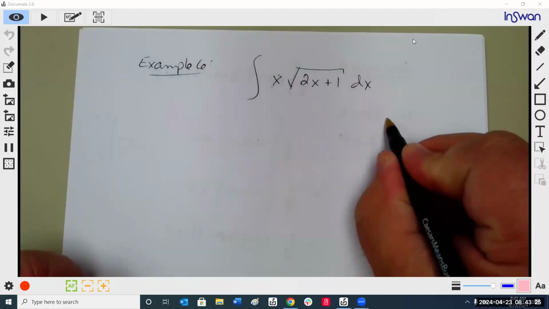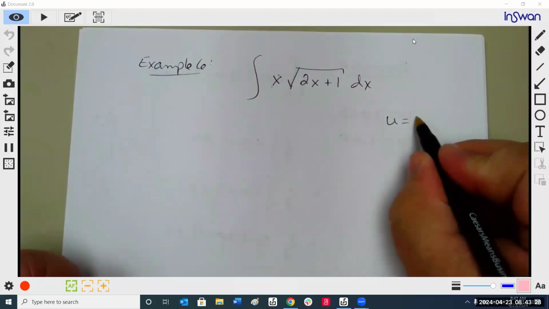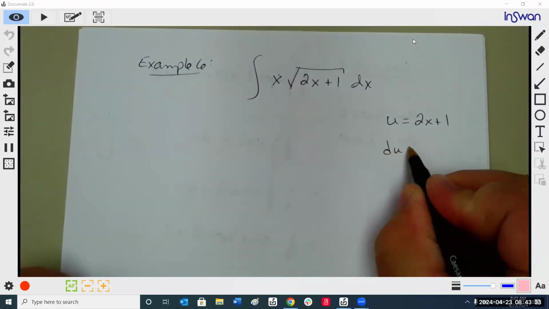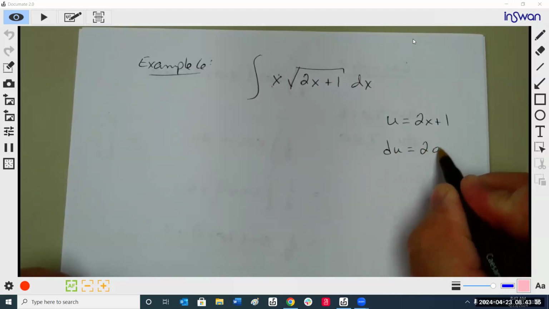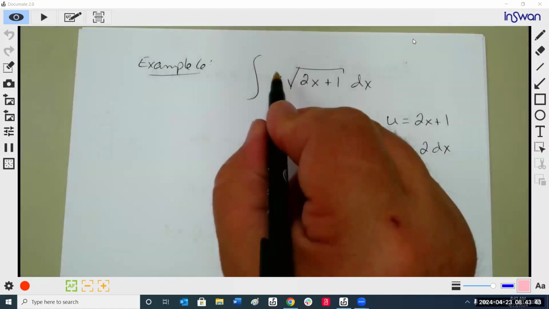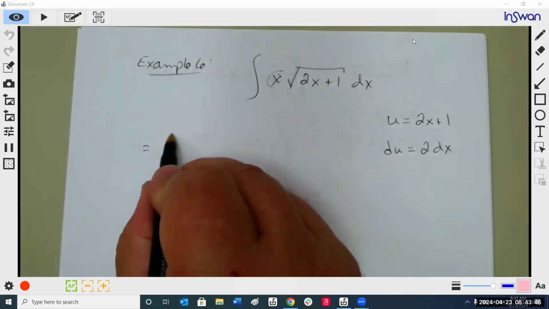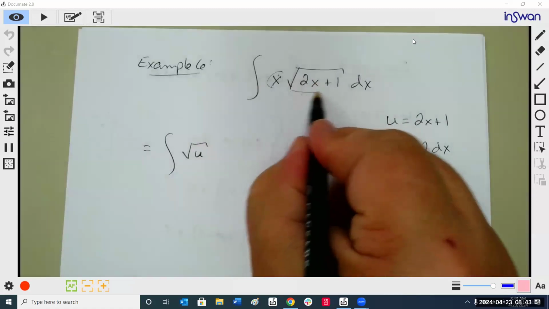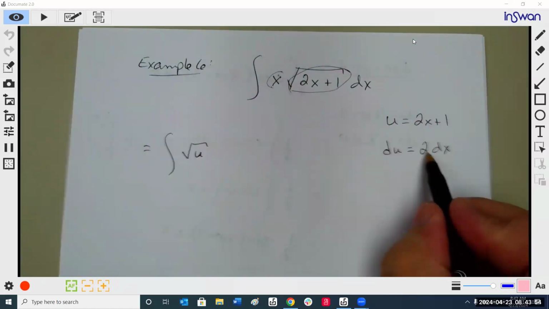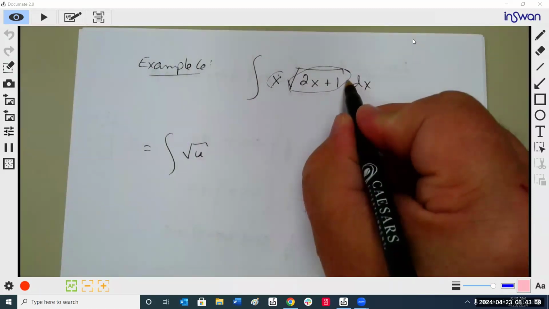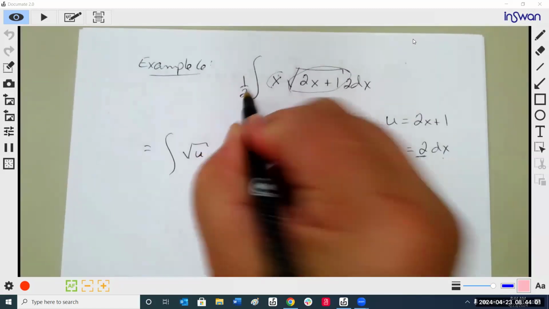So what is our u in this example? 2x plus 1. What's our du? 2 dx. So since we have this x, we can rewrite this thing so far as square root of u. We need a 2 in front of the dx. So we have to put a 2 there. That means you have to put a 1/2 out in front.